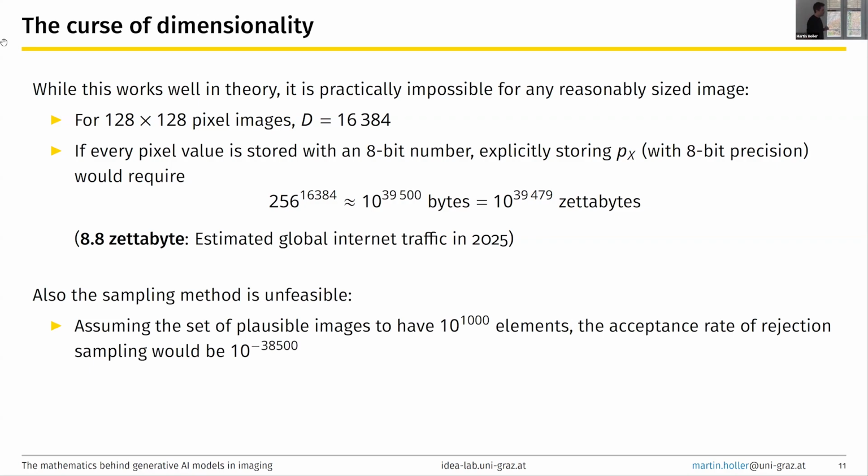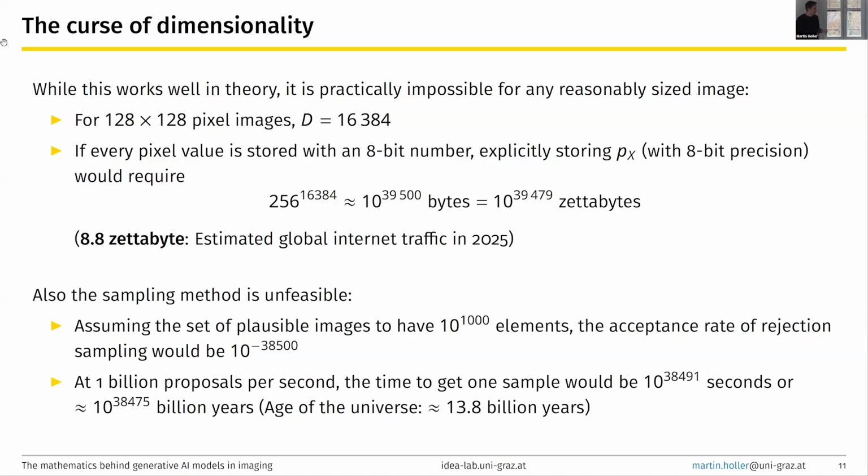And the acceptance rate for this process would be 10 to the power minus 38,500, which means if I continue this process, it would take roughly 10 to the power 38,400 billion years to sample one image. And again, the age of the universe is 13.8 billion years. So again, completely infeasible. It works very well in 2D. We can also visualize it in 2D, but the curse of dimensionality kills you whenever you have any reasonable image size.